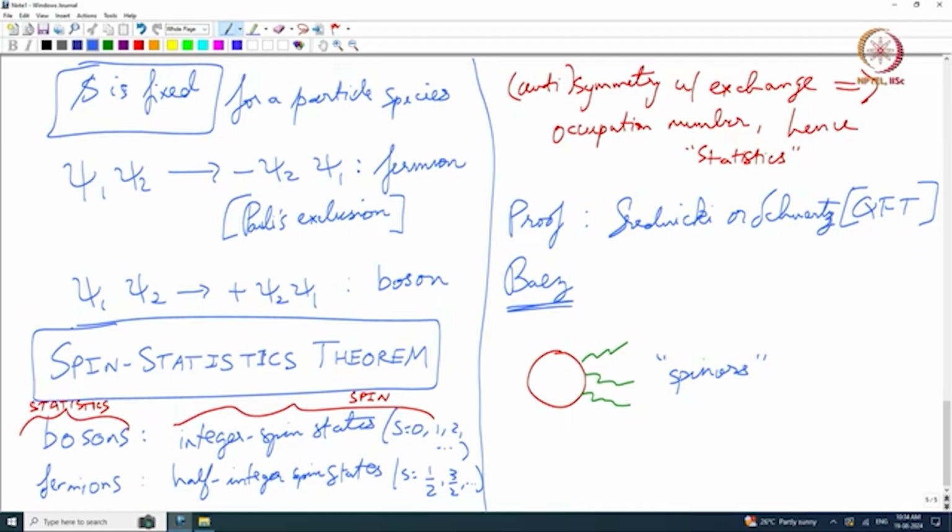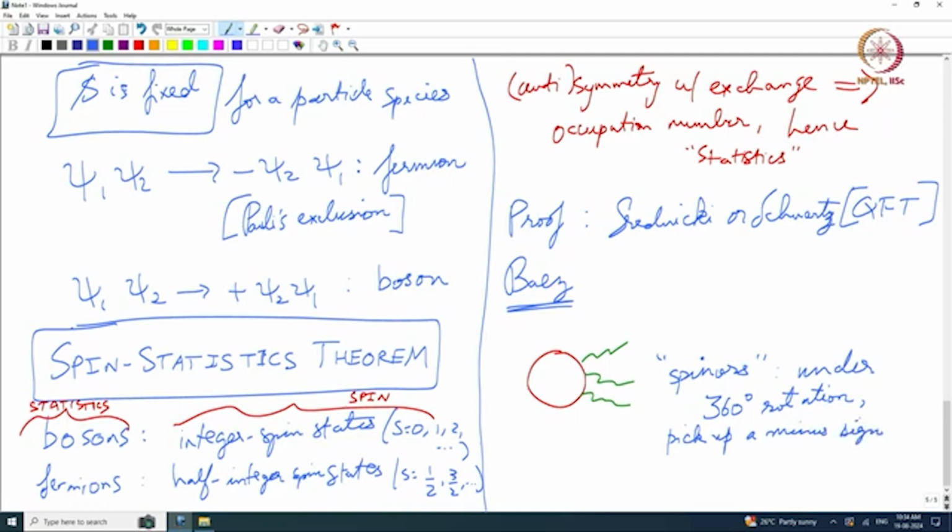And what is one important property of spinors? It is that under 360-degree rotation, they pick up a minus sign.